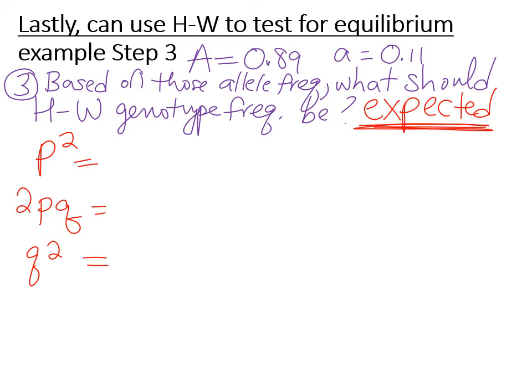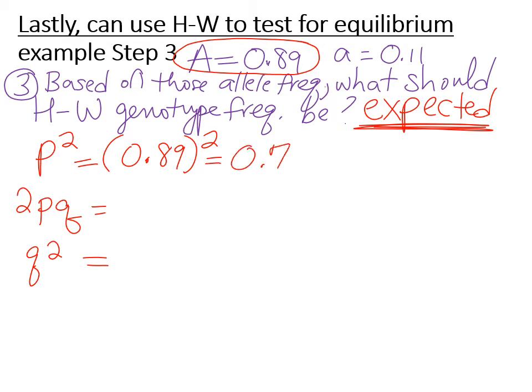So now p squared, what's p squared? That's our first allele squared, right? So that is 0.89 squared, which if you plug that into the calculator should give you 0.792 as the genotype for equilibrium of capital A, capital A. Then we have 2pq, and remember, that is saying capital A and lowercase a.